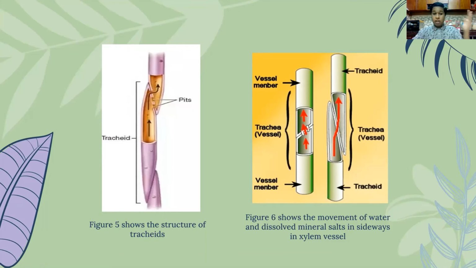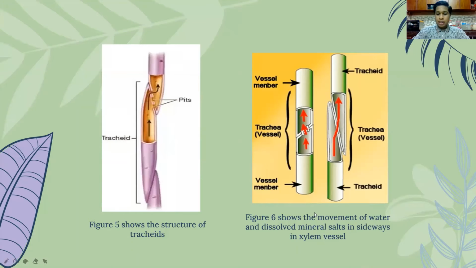As we learned before, pits allow water to move sideways. So the water moves sideways and not continuously. When they are not continuous like xylem vessels, they move slower since the water has to move sideways. When it is continuous like xylem vessels, it can just flow upwards.